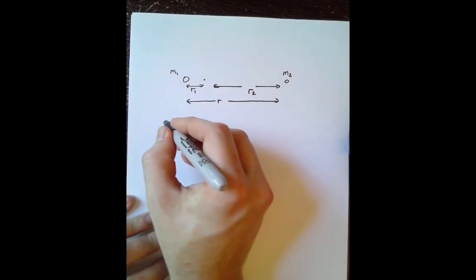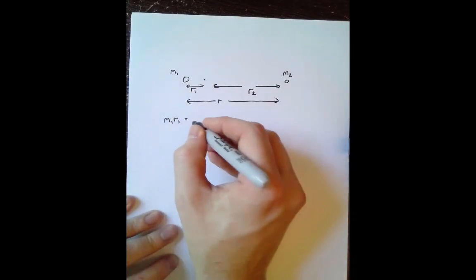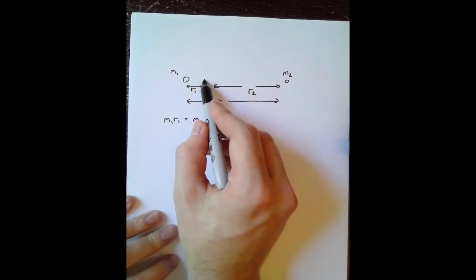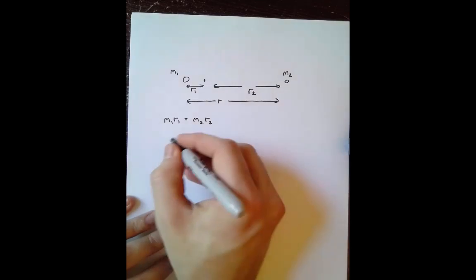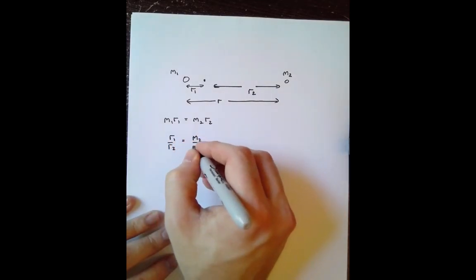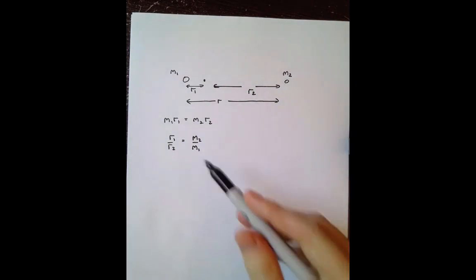This point here is such that m1 times r1 is equal to m2 times r2. The moments about this point are equal, and therefore r1 divided by r2 is equal to m2 divided by m1.